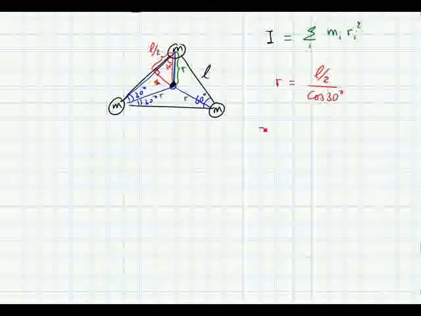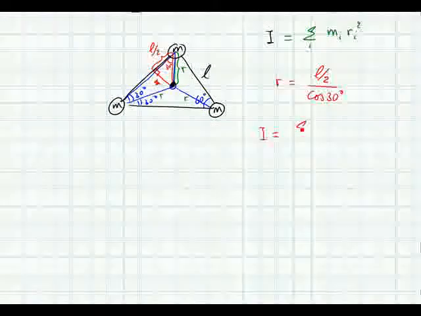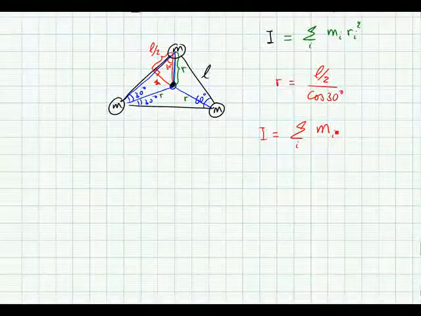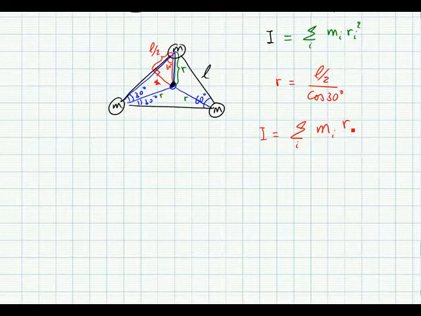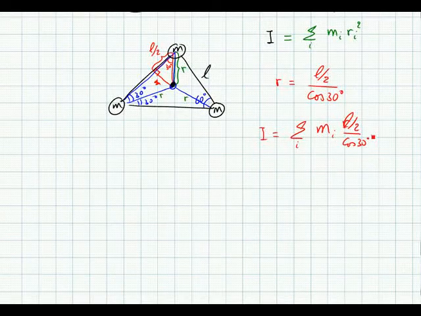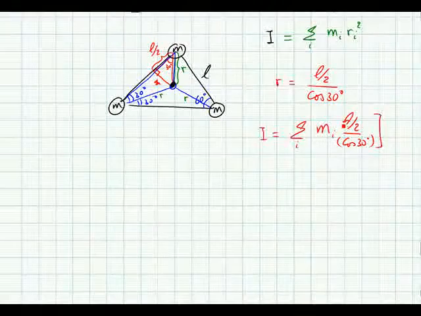So moment of inertia then becomes the sum of each mass times L over 2 divided by cosine of 30 degrees, all squared.